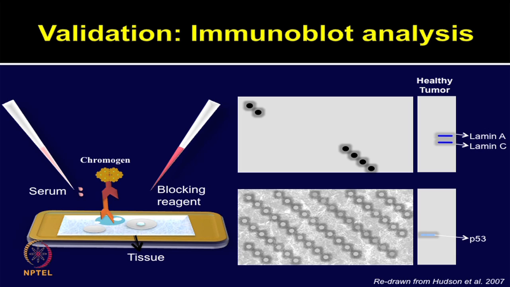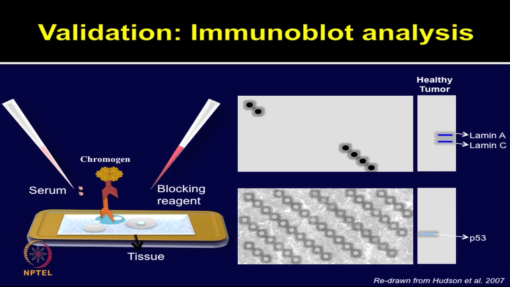It appeared quite interesting. The Western blot analysis was also performed using healthy and ovarian patient samples, and they used antibodies specific for lamin proteins as well as p53 protein. As you can see on the right-hand side of this slide, lamin A and C were probed by Western blot.